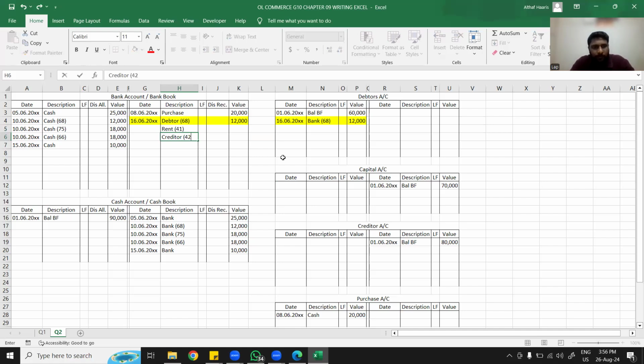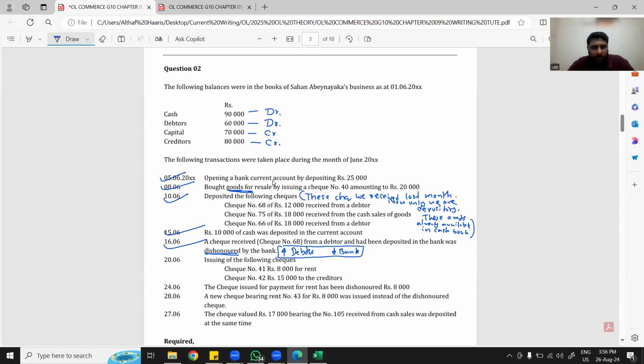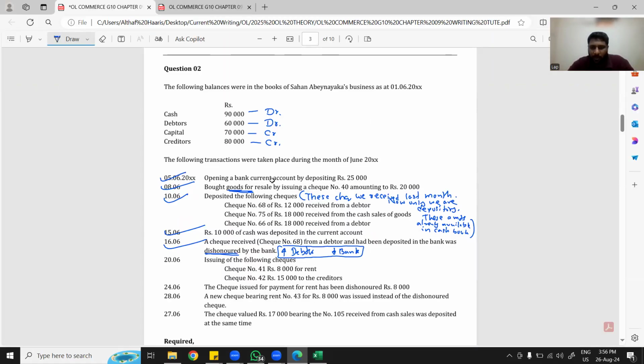What are the values? 8,000 and 15,000. The dates 26.